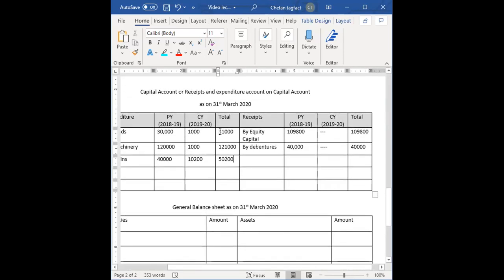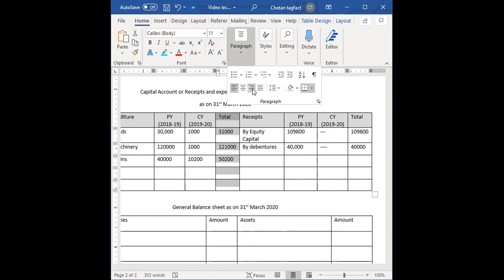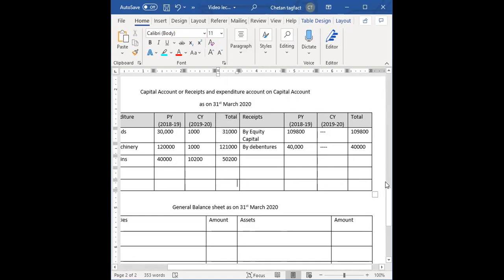Okay, so we will just total up the expenditure and we will total up the receipts. So my total expenditure is 31,000, 1,21,000, and 50,200. This amounts to 2,02,200.